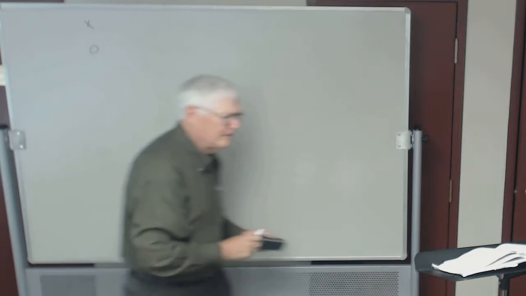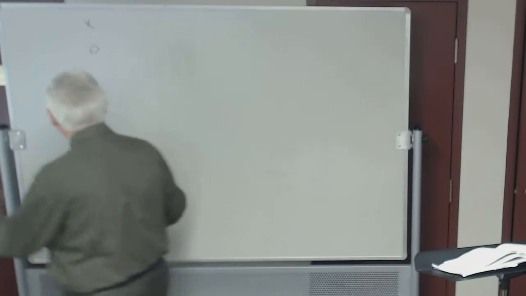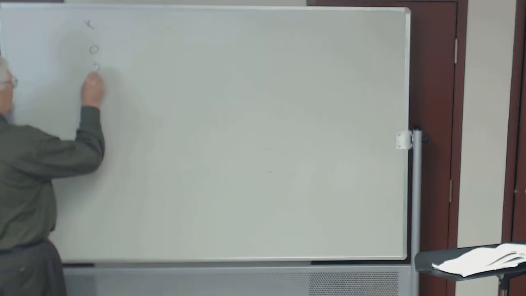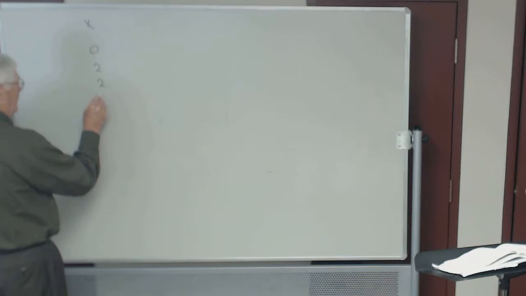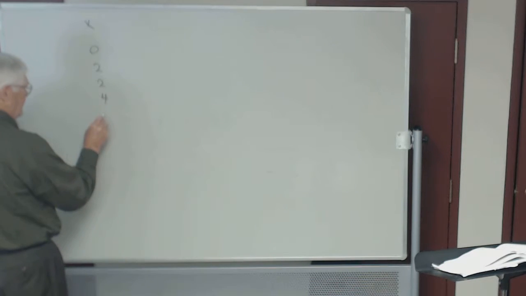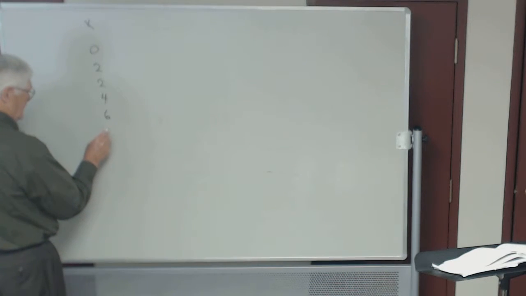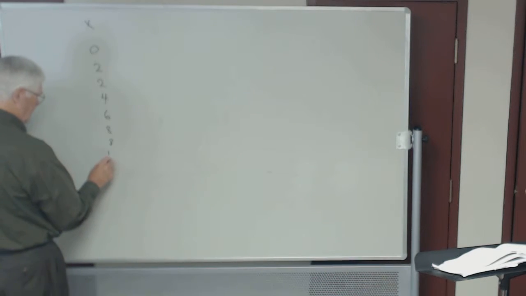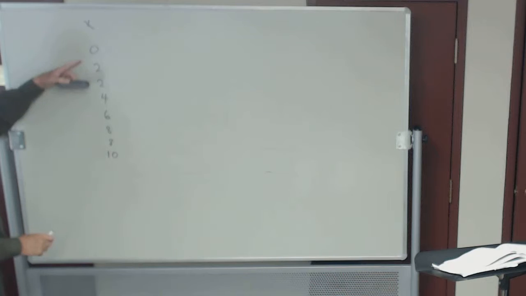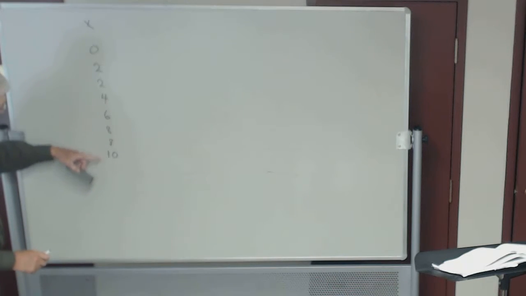Yes. 0, then what? 2, another 2, and then what? 4, and then 6, 8, 8, 10. Is that all the scores? Yeah, 1, 2, 3, 4, 5, 6, 7, 8.